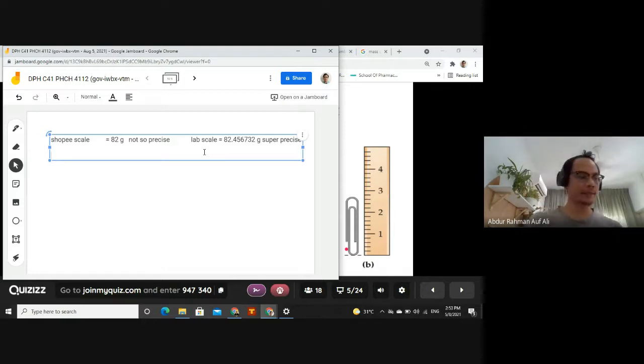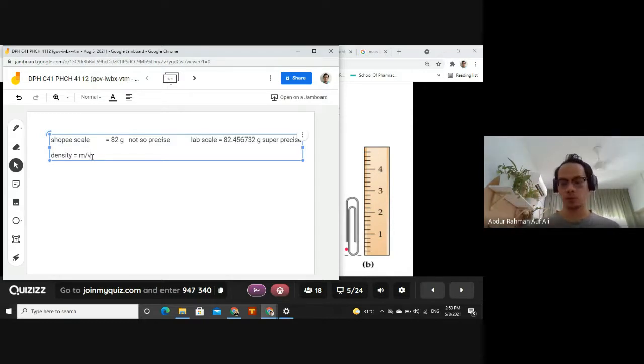Okay, so kalau saya nak cari density sabun ni, saya kena buat calculation, saya kena bahagikan berat dengan volume. So how do I find density? Saya hanya perlu ambil mass dia, bagikan dengan volume.